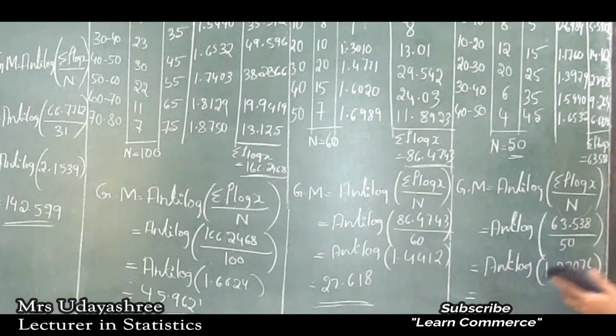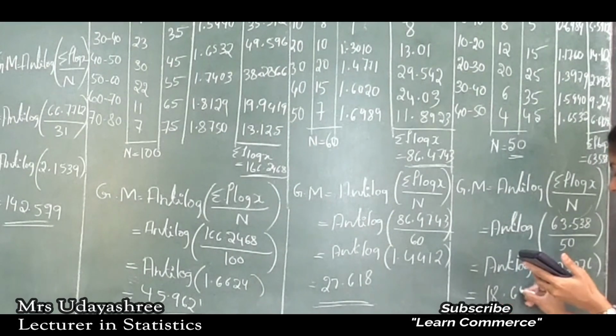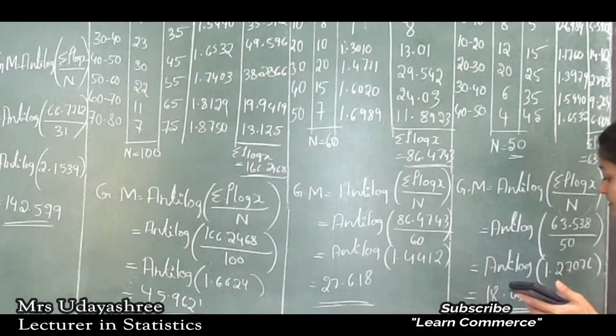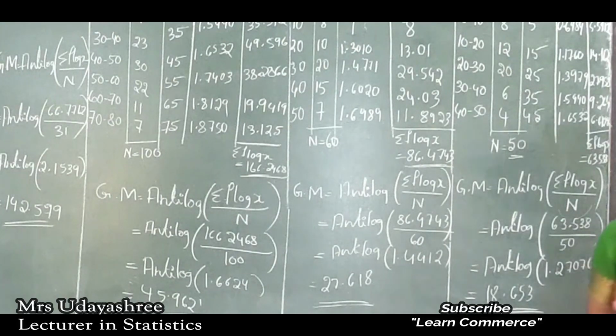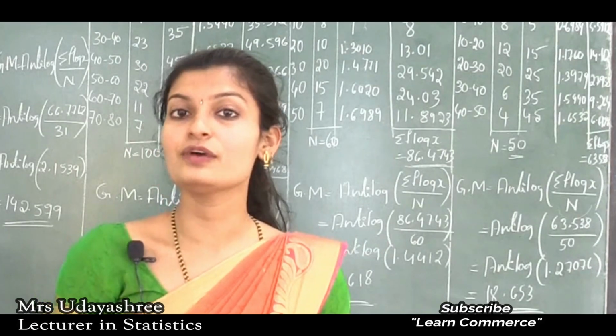To calculate anti-log, shift log of this value. So here the anti-log value is 18.653. So the geometric mean is 18.653. So this is all about the calculation of geometric mean in case of group data.